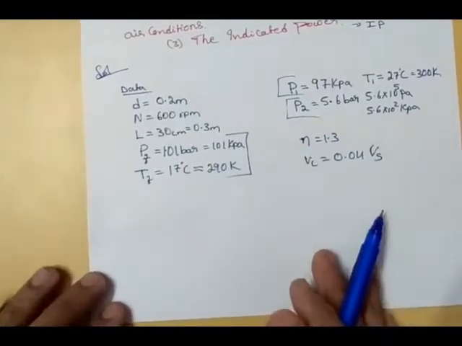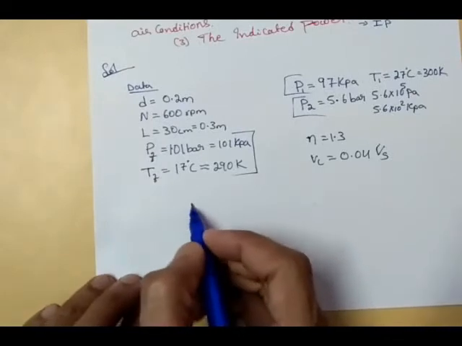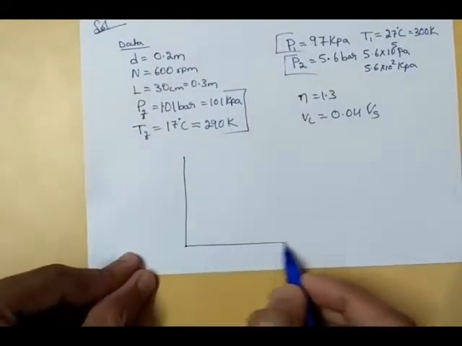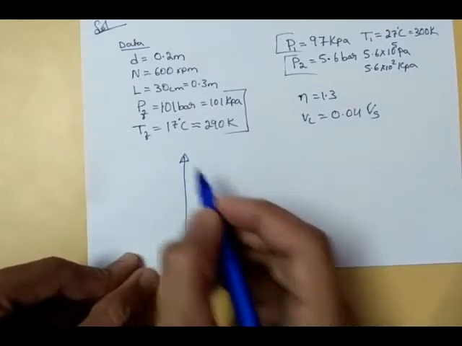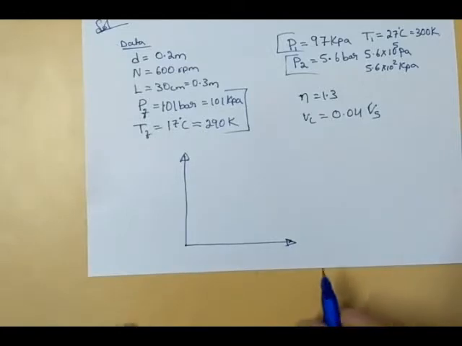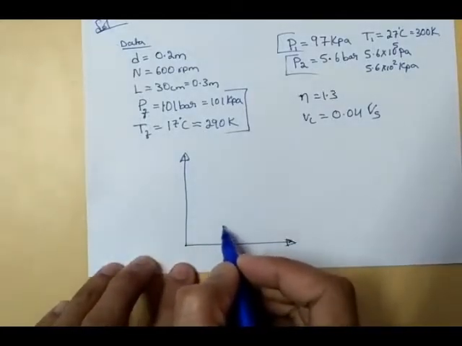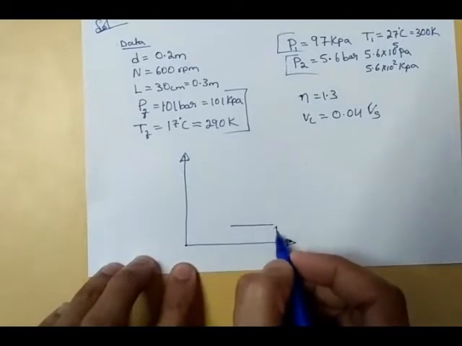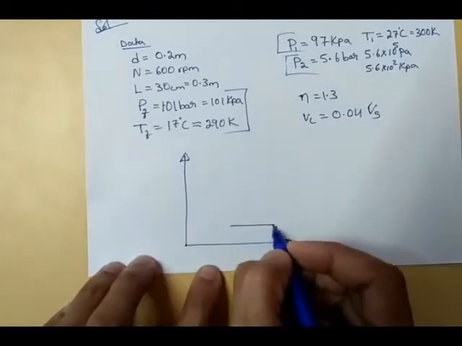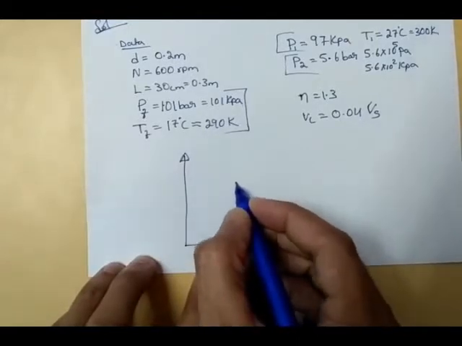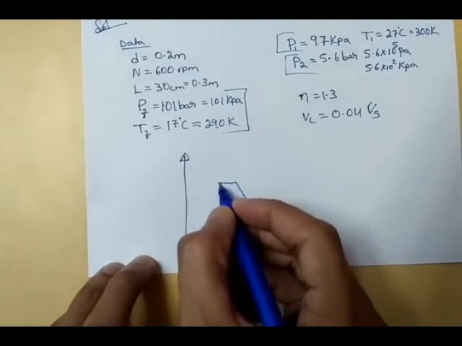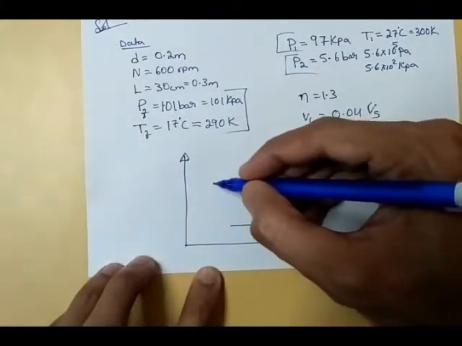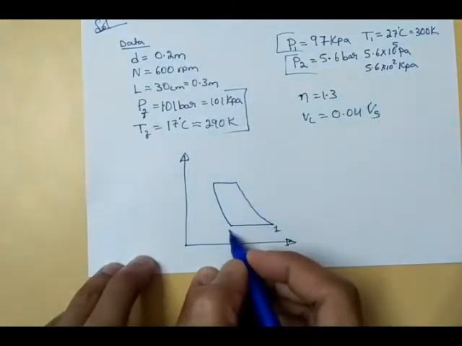I will draw a PV diagram. One, this is suction, 1 to 2 compression, then delivery to the tank, and the gases in the clearance volume expand to this 4.